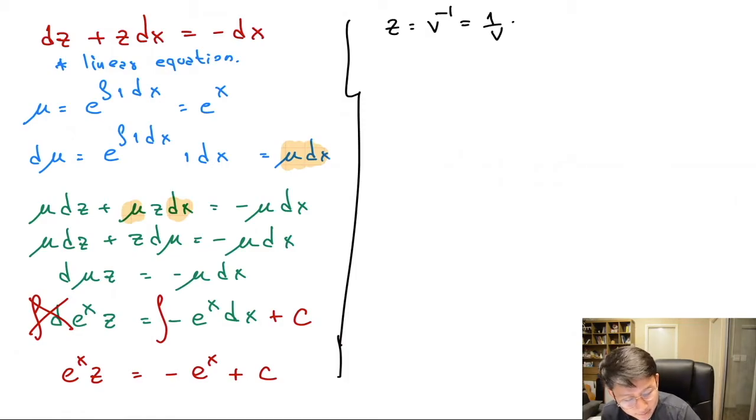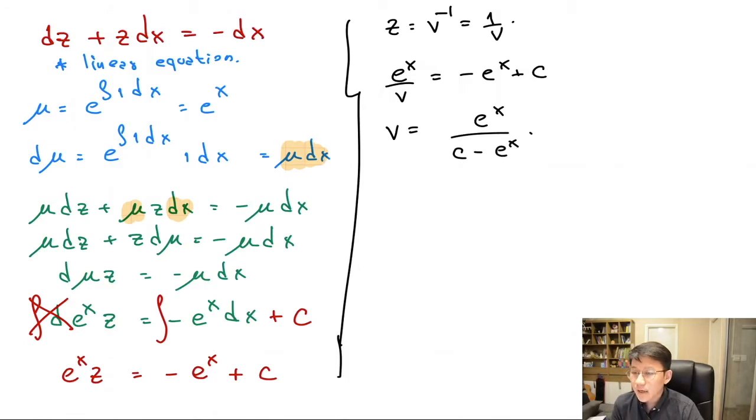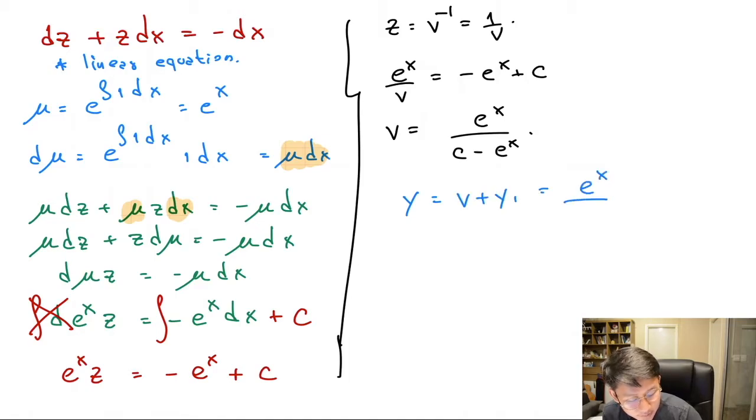So we have 1 over v equals minus 1 plus c e to the minus x, so v is actually e to the x divided by c minus e to the x. And again, we need to write the equation in terms of y equals v plus y1, which is e to the x divided by c minus e to the x plus y1.